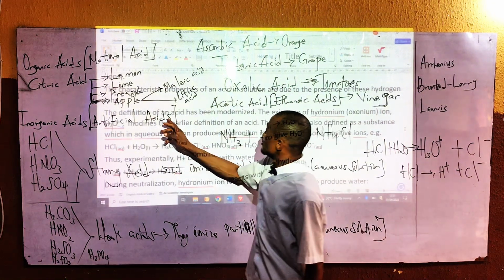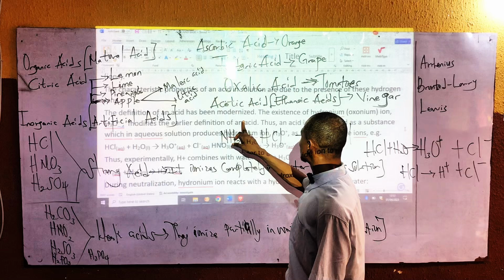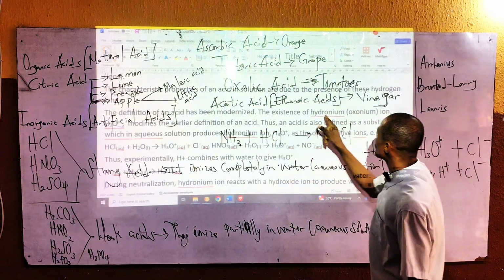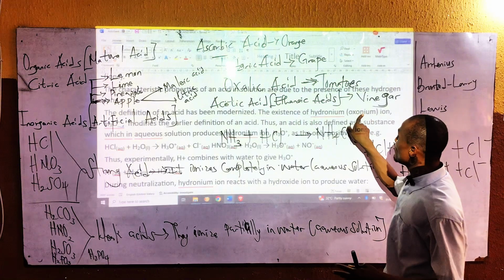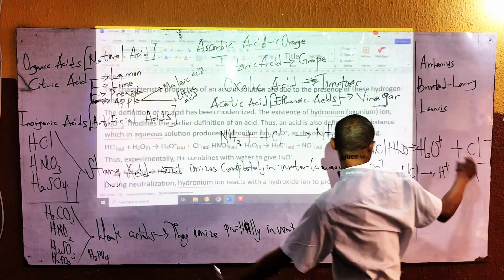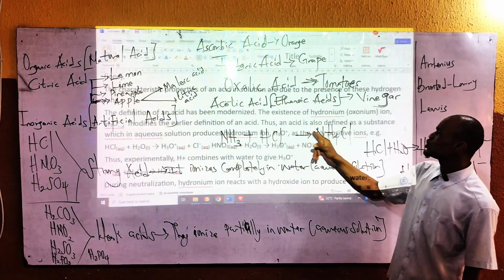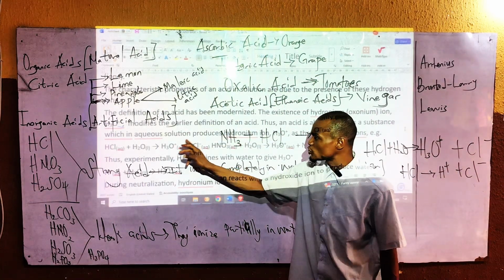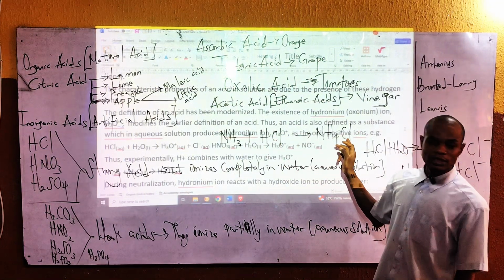The definition of an acid has been modernized with the existence of the hydronium ion, H3O plus. It modifies the earlier definition: an acid is a substance which in aqueous solution produces hydronium ion as the only positive ion.